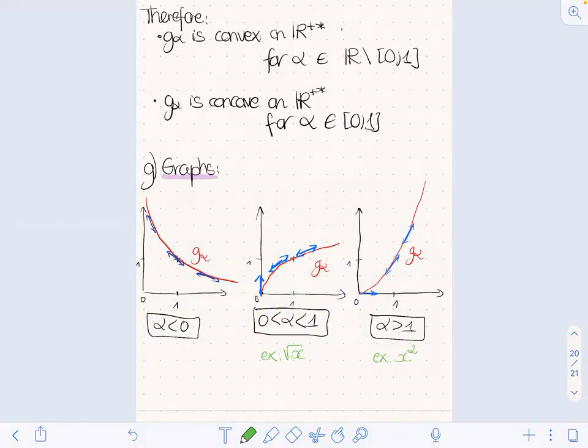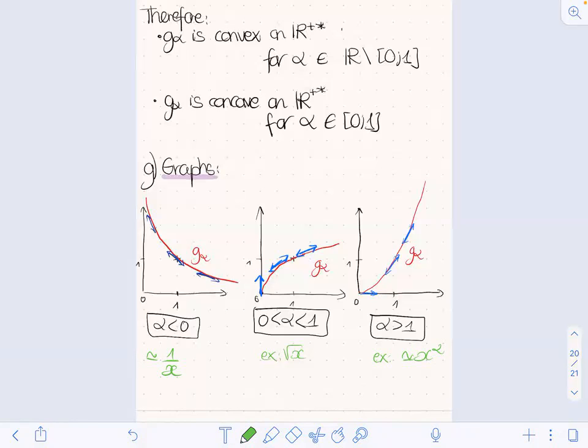Of course, x squared is then defined on the whole of R, so even on R minus, but you can sort of visualize the behavior of this as it's roughly x squared, and the behavior of this is roughly 1 over x. That will allow you to try and visualize the behavior.